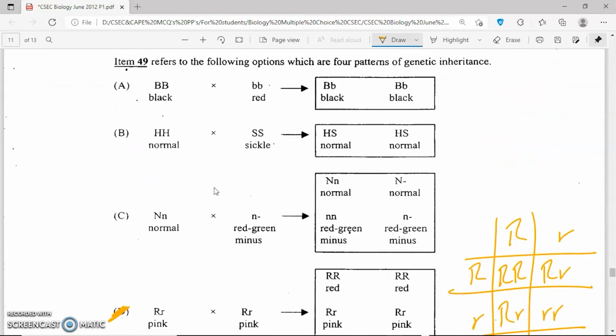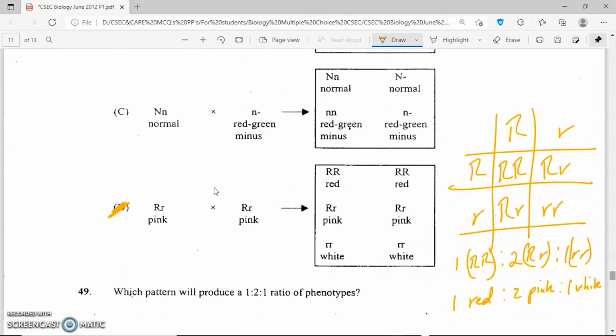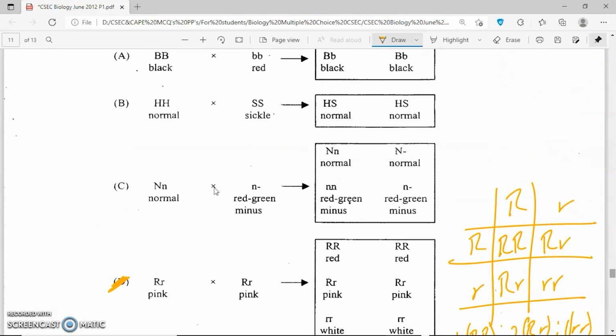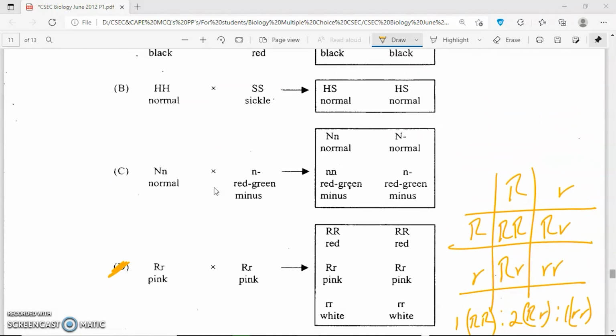Item 49 refers to the following options, which are four patterns of inheritance. Let's look at what the question says. Which pattern will produce a 1 to 2 to 1 ratio of phenotypes? Usually when you have two heterozygous genotypes crossing, you get a 1 to 2 to 1 ratio.